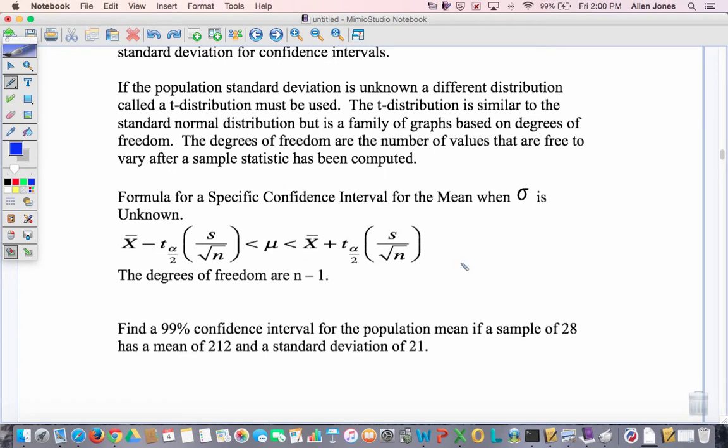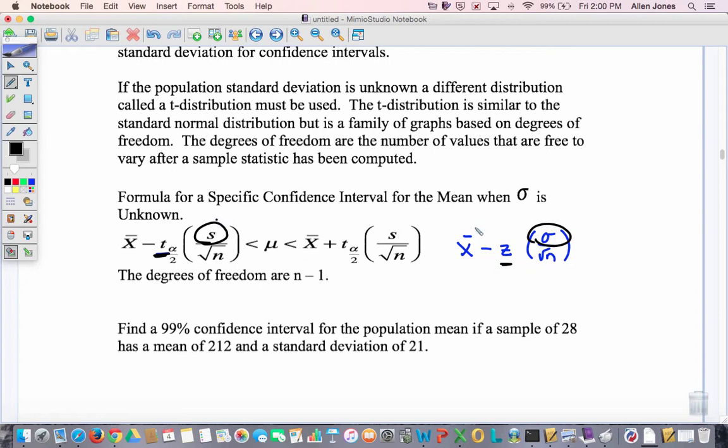If you compare this to our formula from our previous section, that one has a z-score and a population standard deviation. So noting the two big differences here, a t-score versus a z-score, because of the sample standard deviation versus the population standard deviation.